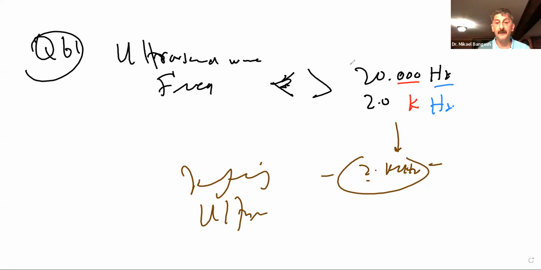But any sound wave greater than 20,000 hertz is still a sound, but you will not be able to hear it because it's beyond the ability of the human ear to detect. Did you ladies get that? Yes. So it could have been A or D.